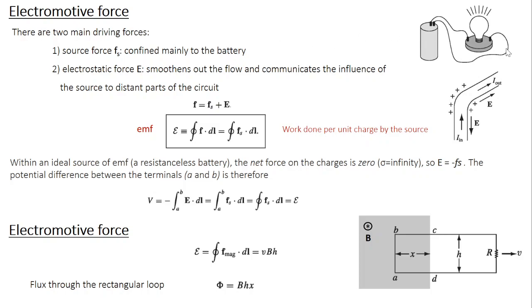All throughout the material we have electric charges, and the charges have an electric field associated with them. So we also have an electrostatic force E. And it is this force which smoothens out the flow and communicates the influence of the source to the distant parts of the circuit. Now, how does the electrostatic force smoothen out the flow?